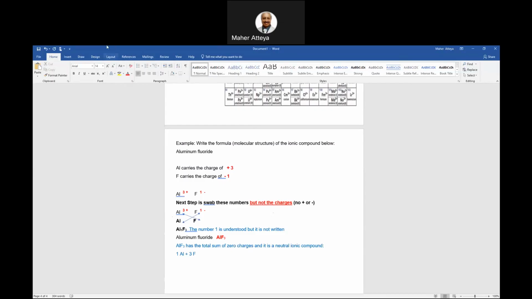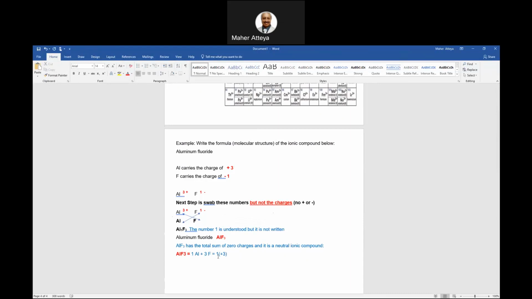Let's look at this one here. Copy this one here and then come here and look at this, guys. If you look at the charges here, out of the table, for the aluminum, how much does it have? It has positive 3, correct?